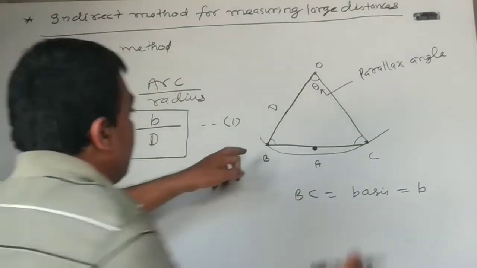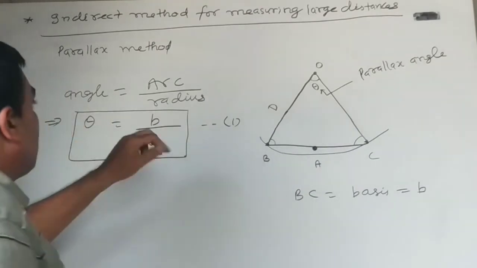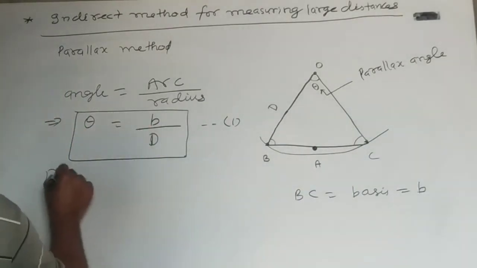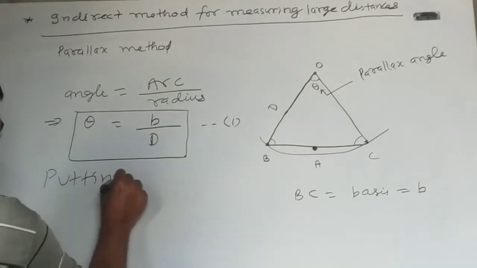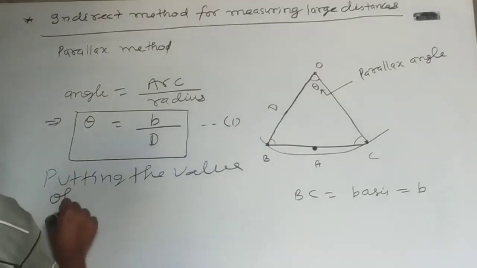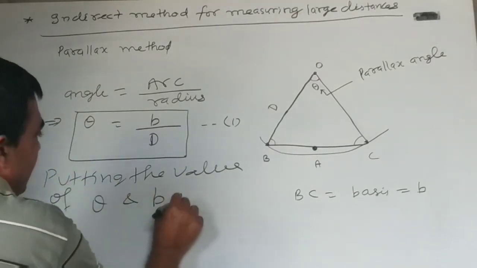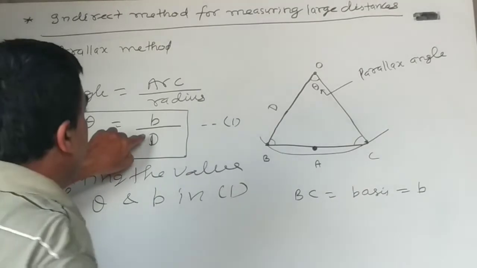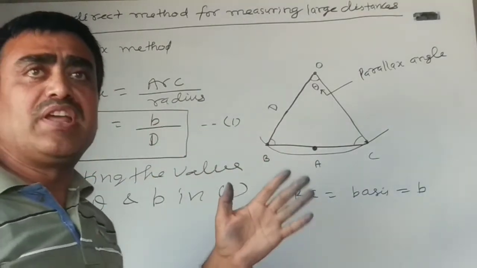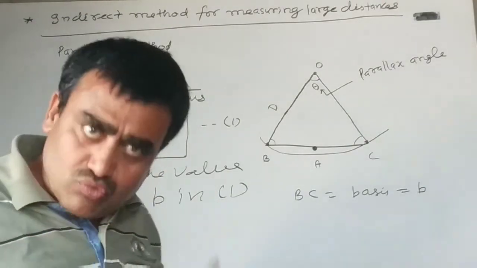And b is measured, hence putting the value of theta and b in equation 1, we can find the value of D, that means the distance between the surface of the earth and the moon.